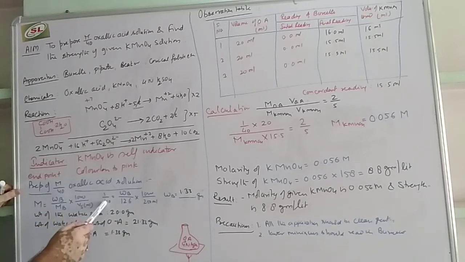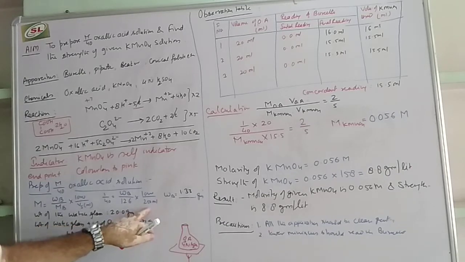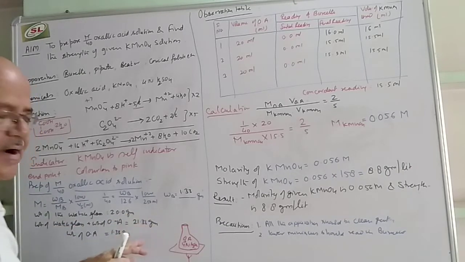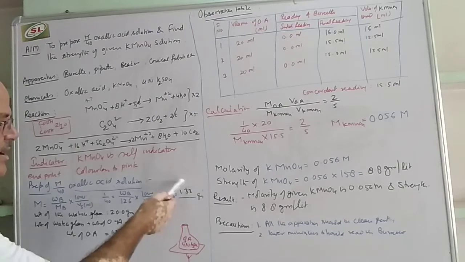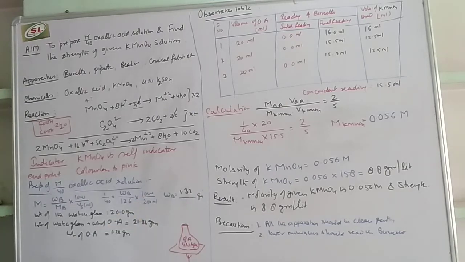Molarity is 1/40. Weight of oxalic acid we have to find out. Molecular weight is 126 into 1000 upon 250. It may vary, you may take 500, 100, whatever. So the weight will come 1.33 grams.